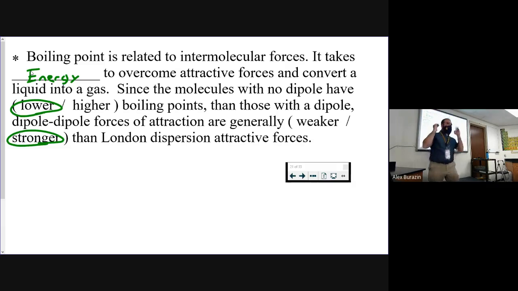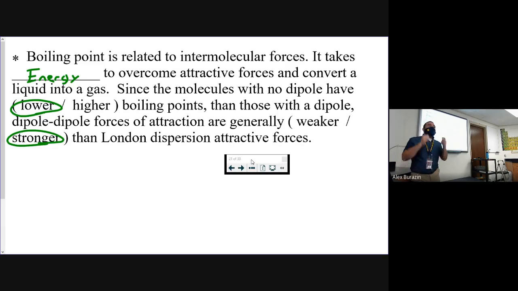Now, there is a big caveat to all this, okay? And we can even see it in the chart just a little bit. When you have very, very, very big molecules that are nonpolar, there is a ton of little London dispersion forces throughout the whole molecule.